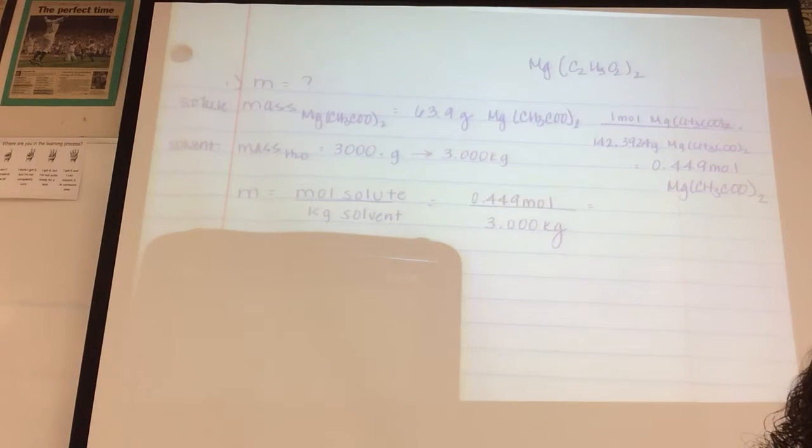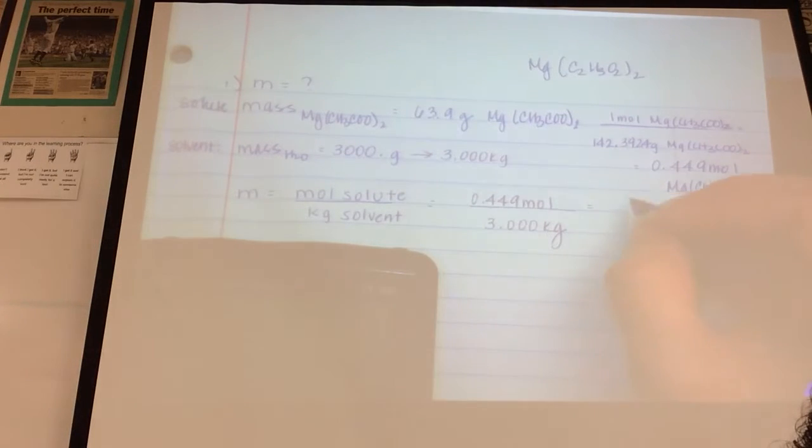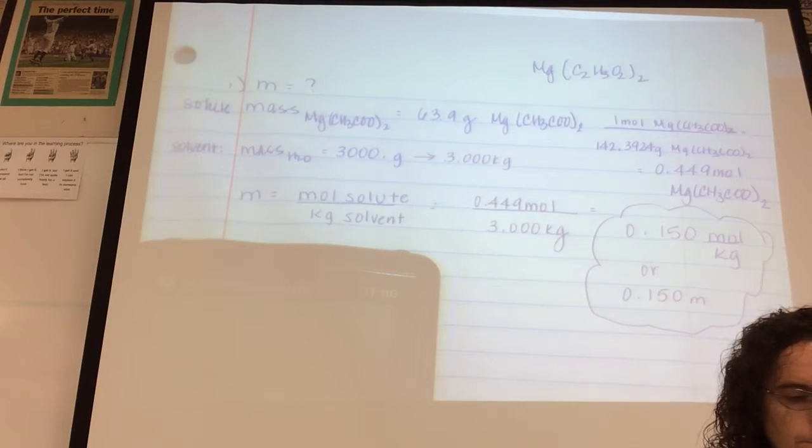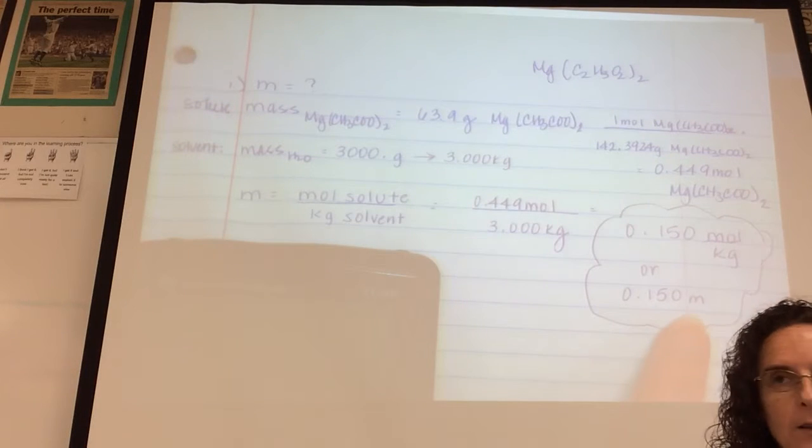So 0.449 divided by 3. Moles per kilogram, or 0.150 molal. I'll take it either way. But that's why I don't allow little m for moles, because it doesn't work.